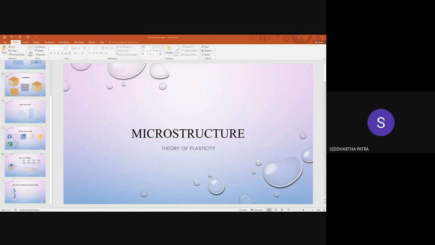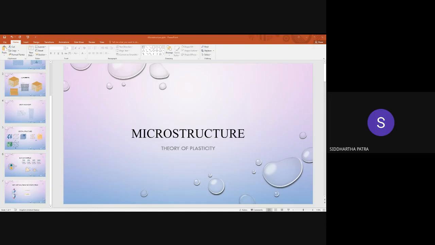The reason for including today's class is that without understanding at least the basics of that microstructural behavior, it would not be possible for us, when we actually look at those models, to see where those models of plasticity come from.